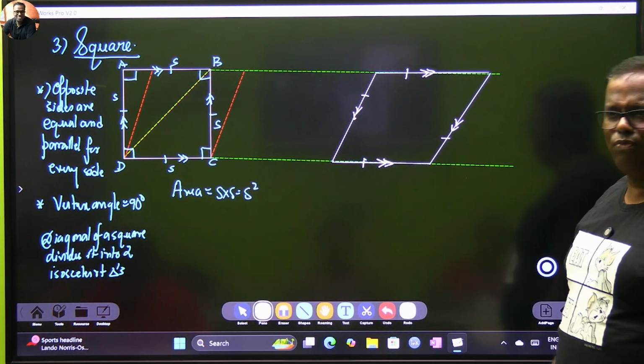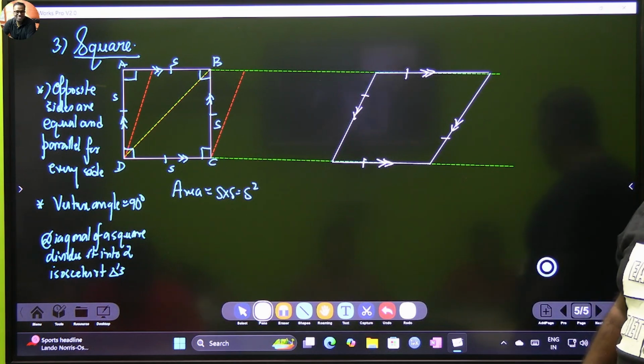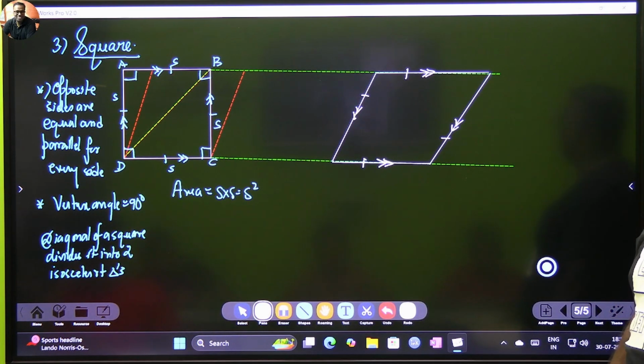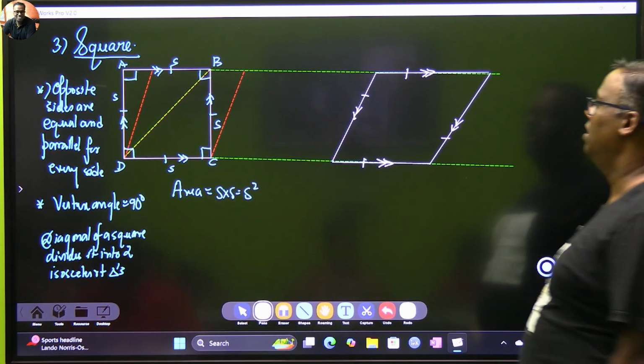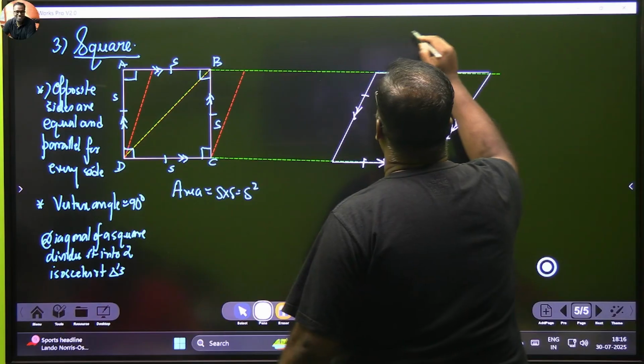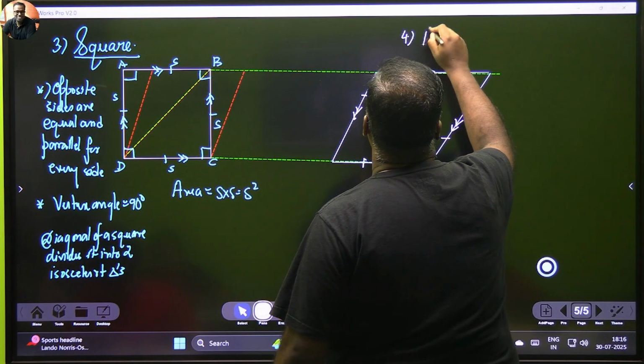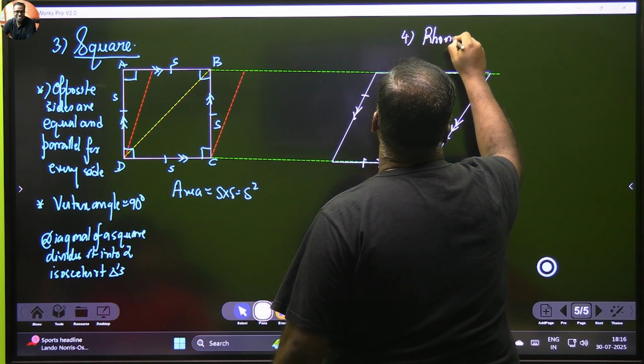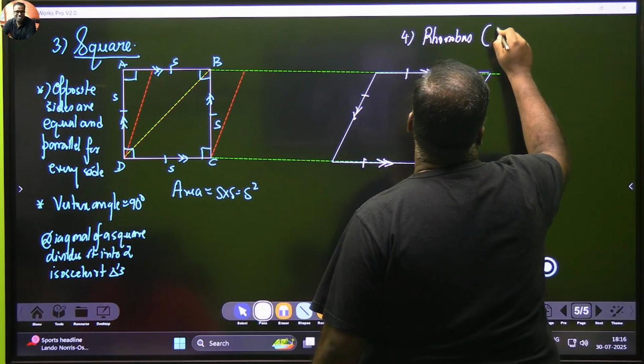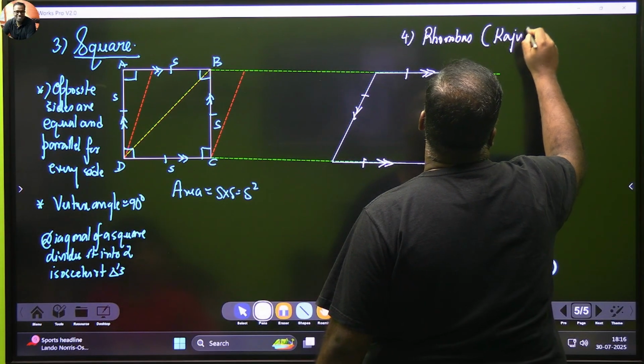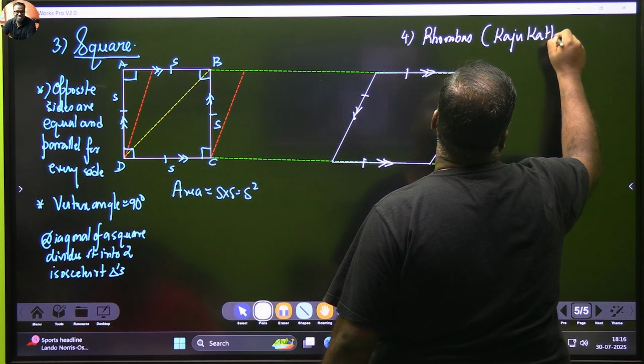So is every rhombus a parallelogram? Yes. Is every parallelogram a rhombus? No, because in other parallelograms the adjacent sides need not be equal. Out here the adjacent sides are equal. So this gives birth to my next kiddo, whose name is a rhombus. And if you ever have trouble, this is the same thing which is known as a Kaju Katli.